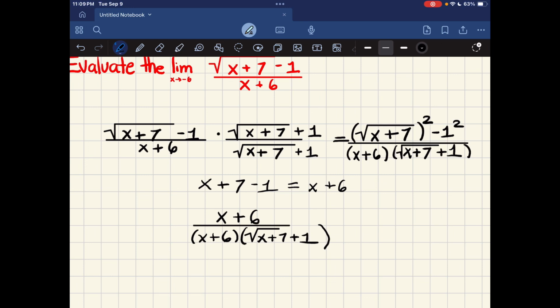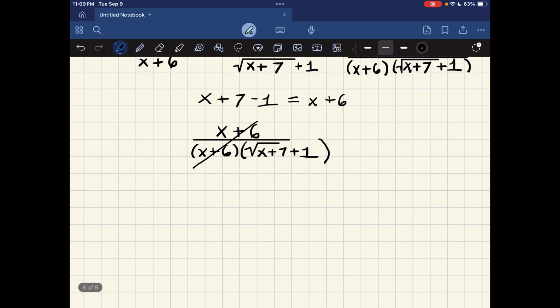And then as you can see, x plus 6 in the numerator and the denominator both cancel out. So now we're just left with 1 over the square root of x plus 7, plus 1.